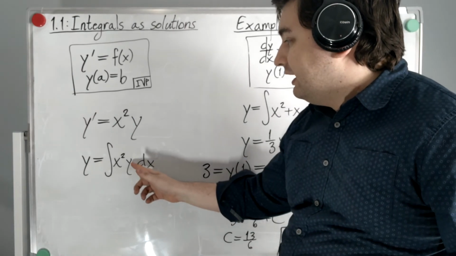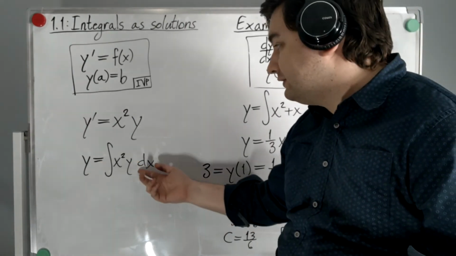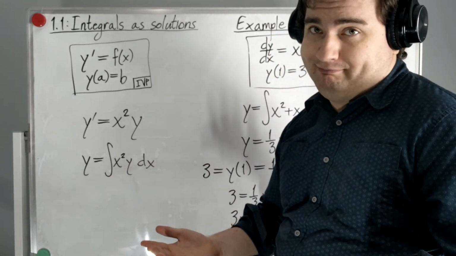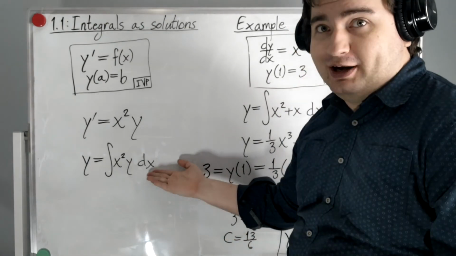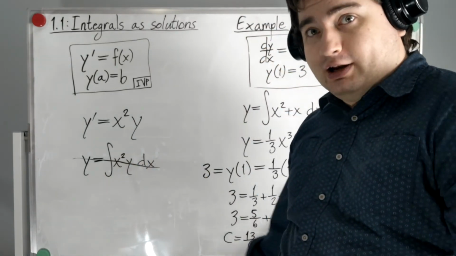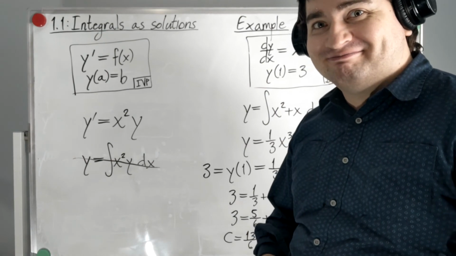That means that we're going to have to know what y is as a function of x explicitly in order to solve this integral. But if we knew that, we'd already be done. Okay, so we can't do it that way. We're going to have to do something else. That's what the rest of the course is about.